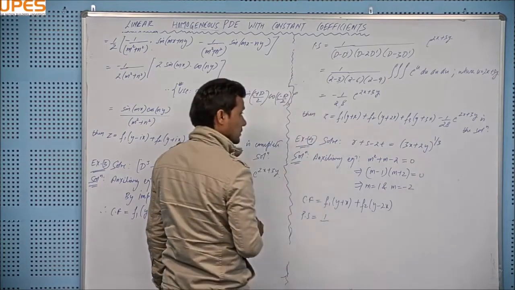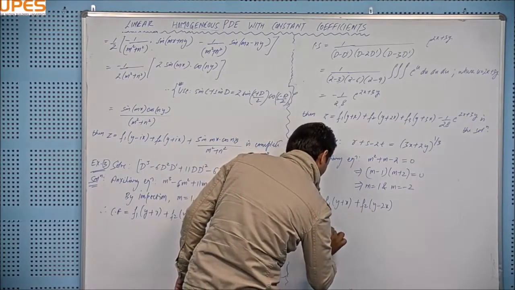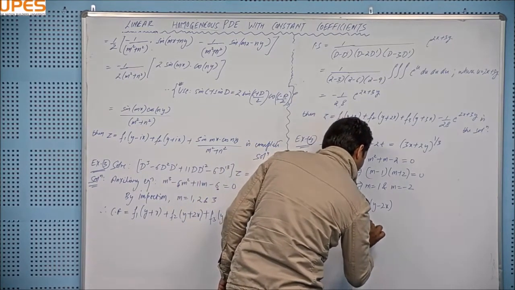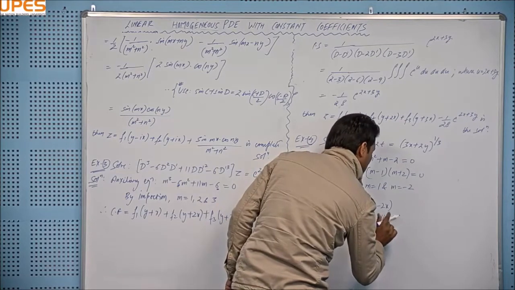Now finding its particular solution, 1 upon D square plus D D dash minus 2 D dash square, and here we have 3x plus 2y to the power 1 by 3.